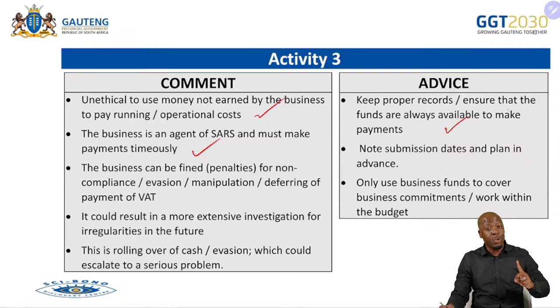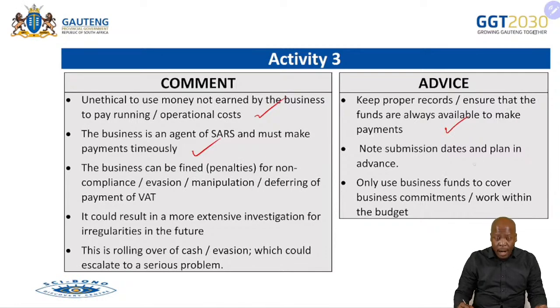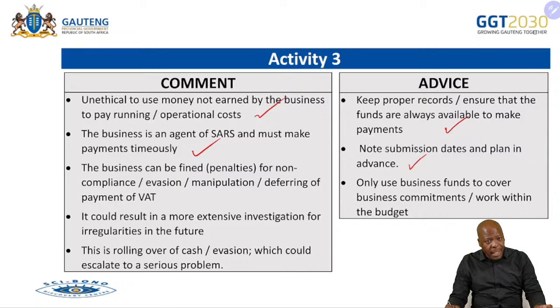The money that is due to SARS must be paid to SARS on time on every submission date. Submission dates must be honored. And then we can only use business funds to cover our own expenses. And this is very important, we must work within our budget confines.